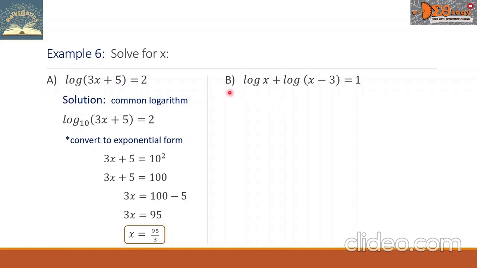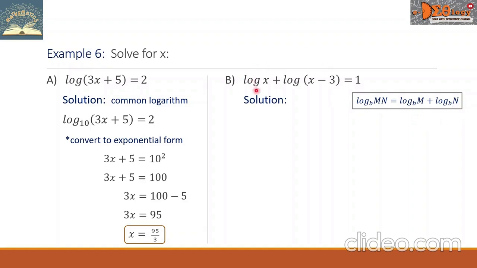What about problem B? Log x plus log of the quantity x minus 3 equals 1. We have our property: log of a product mn base b equals log m base b plus log n base b.